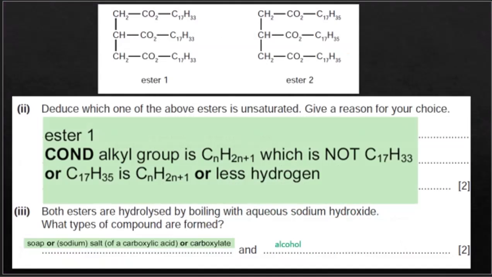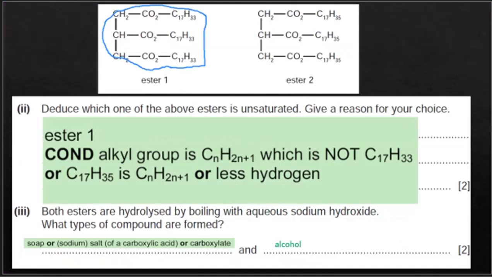Now, deduce which one of the above esters is unsaturated. They also ask you to give a reason for your choice. So the one that is unsaturated is ester 1. And I'll explain why this one is unsaturated.